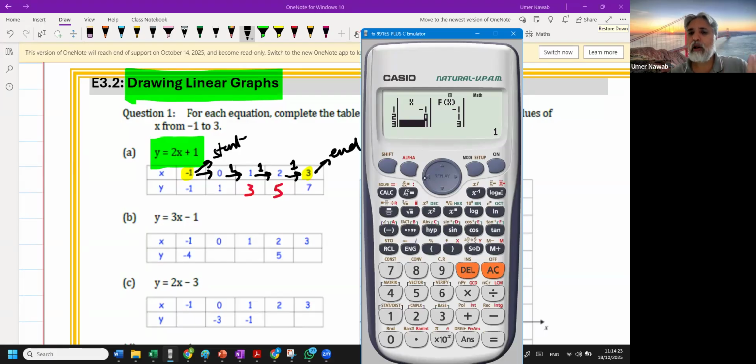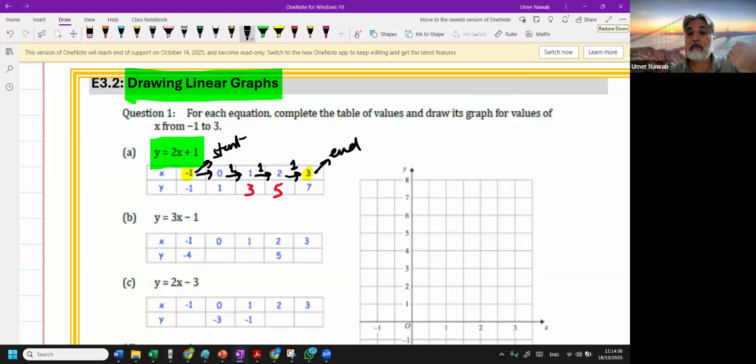You can find all the values in the table. Now, x equal to 2 gives you y equal to 5. x equal to 3, y is 7. So, alhamdulillah, we can use two functions of calculator. Number one, calc function, and the second one is the table function. But I would suggest you, since most of the values are already done by the examiner and few cells are empty, you can use the calc function.